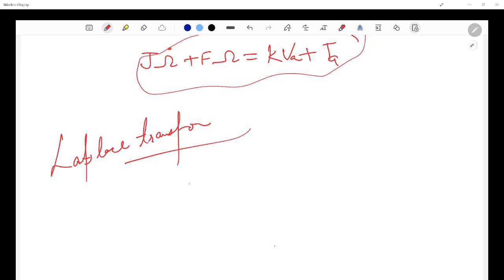Can you tell me what is the Laplace transform of x dot? It's a function of t. Do you know the answer?